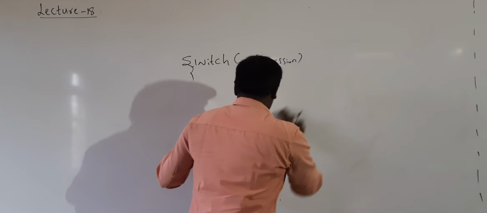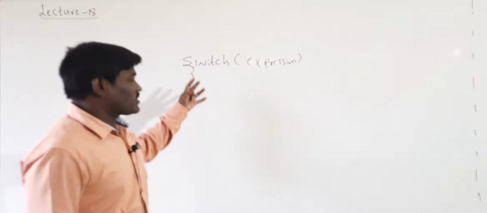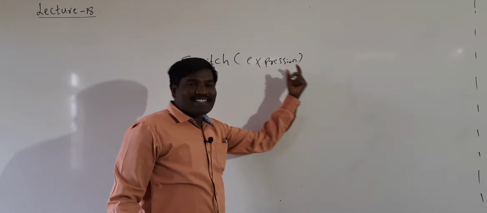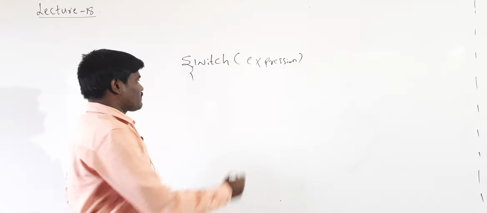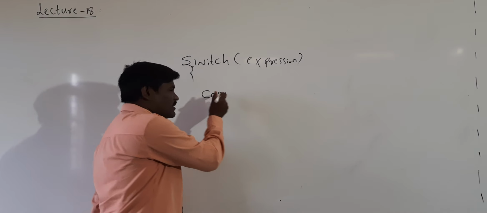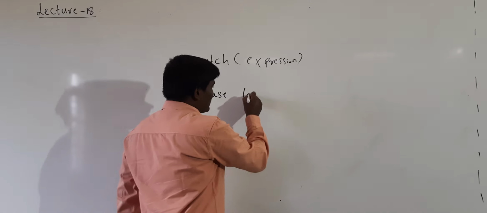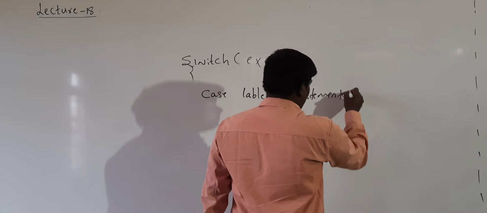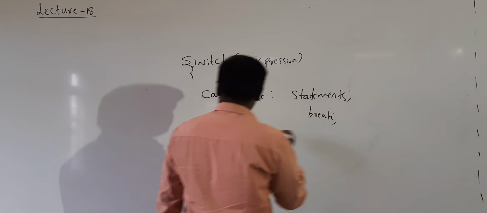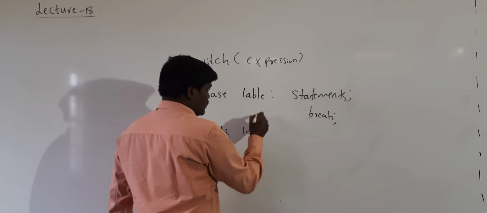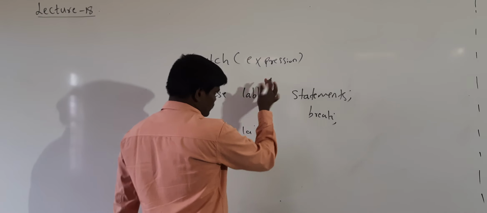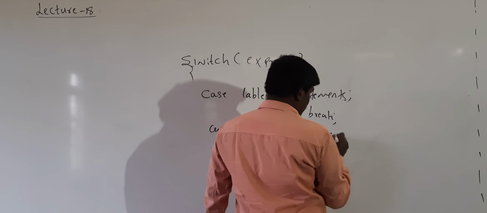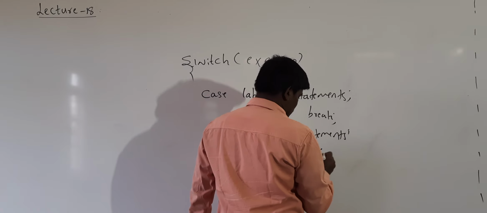It is selecting the alternatives. First we have to write switch, it is a keyword. In that we have to write the expression or we have to write the character. After that, case, it must be a small letter. After that, label, statements, break. Case label 1, or simply we have to mention label. Again statements, break.